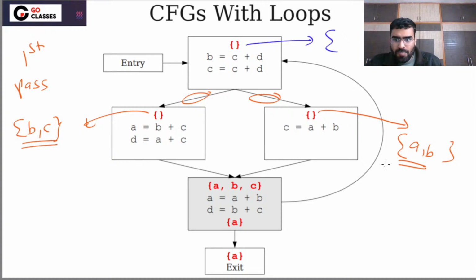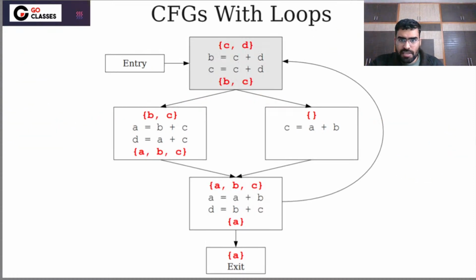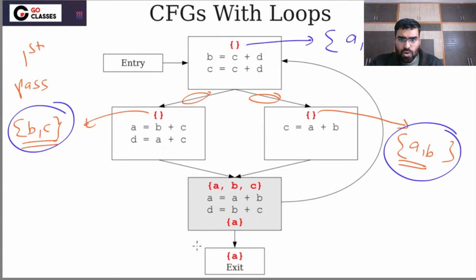A, B, C, because of the union of this and this. Then A, B, C, D, and then B will be removed. So this will be A, C, D. Agree? So this will be A, C, D if you go in the backward direction. Yes or no?